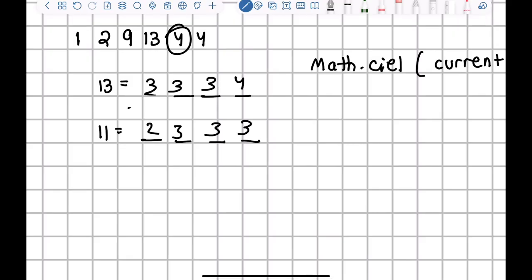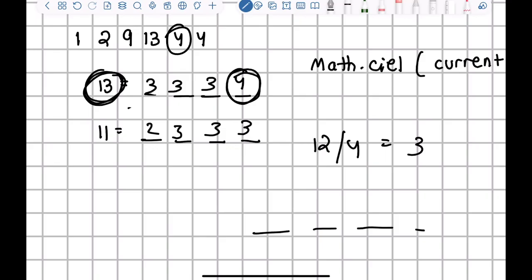So let's just assume that this 13 was something that is divisible by 4. 12 is the closest, so that will be 3. So we fill these places with 3, 3, 3, 3.